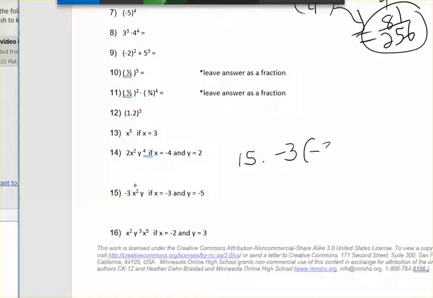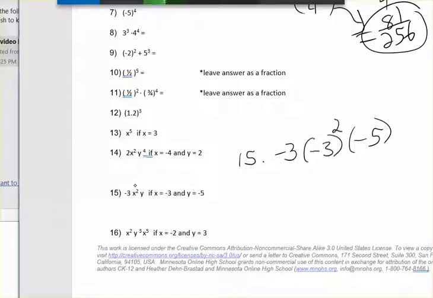So we're going to use parentheses and put in -3 squared because x is equal to -3 times y, and y is -5. It's best to use parentheses if your variable is negative. Parentheses help you separate that your variable is negative and also show multiplication.